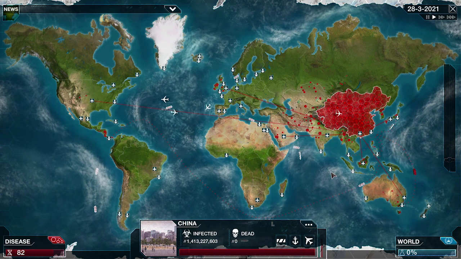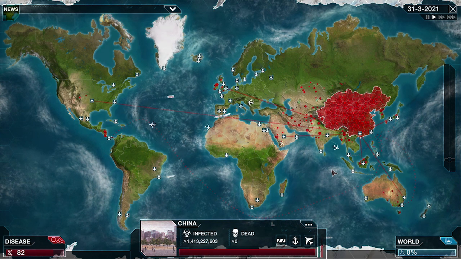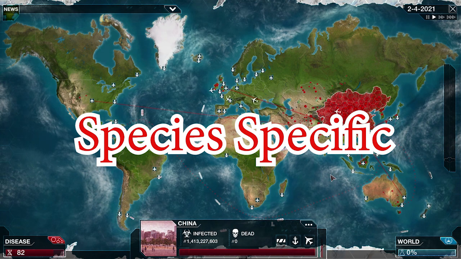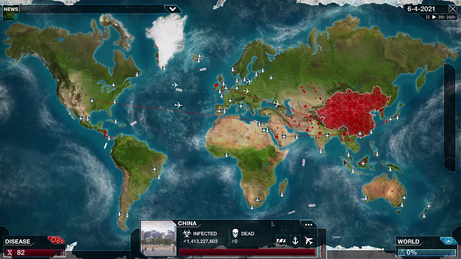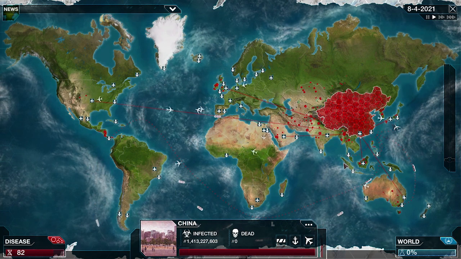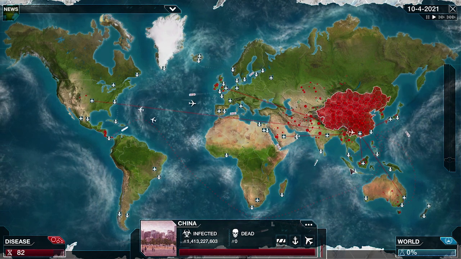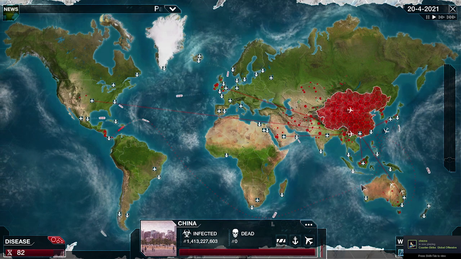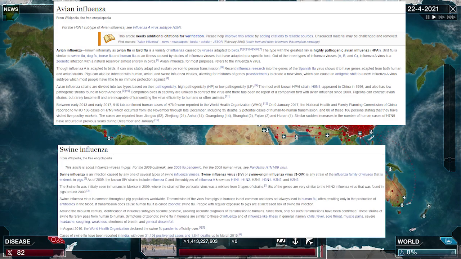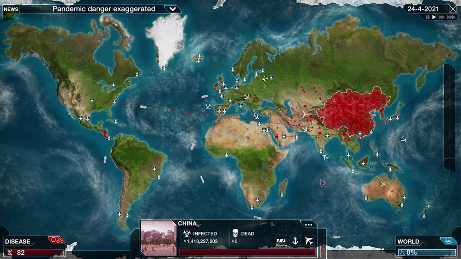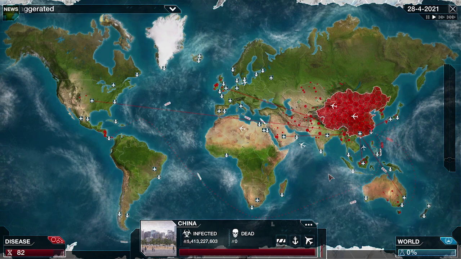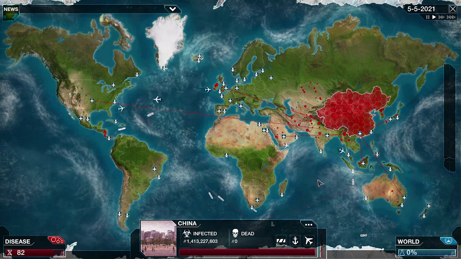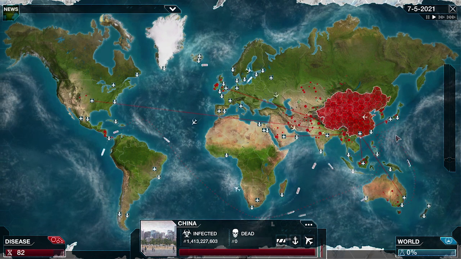A lot of viruses are what is known as species specific, meaning that they only affect one particular type of species. That, or they only affect one type of species a certain way. Both the avian flu and swine flu were examples of viruses that began in one particular species, one of them being avians and the other being pigs.